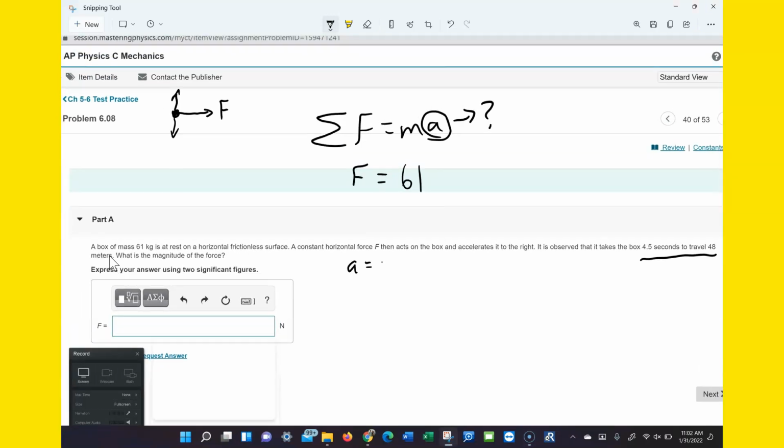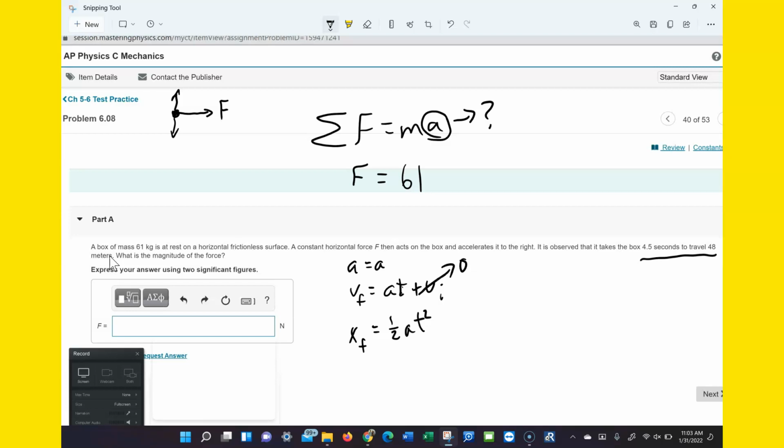a equals a, vf equals at plus vi. vi here is 0 because it starts at rest. And then xf will equal 1/2 at squared plus vit, but that's 0, plus xi, which we can say is also 0.